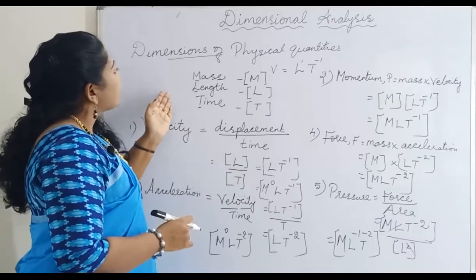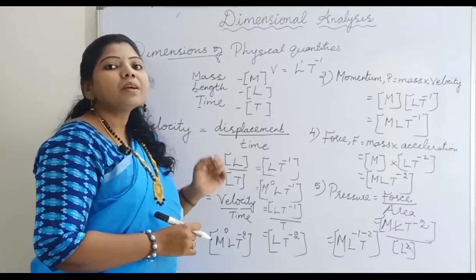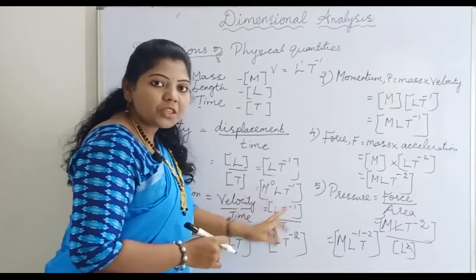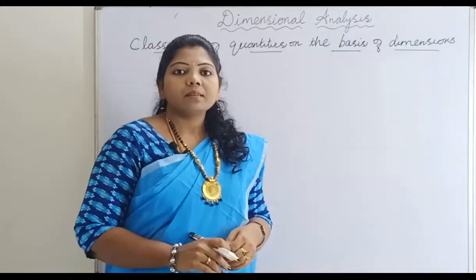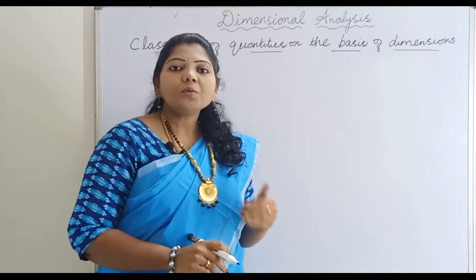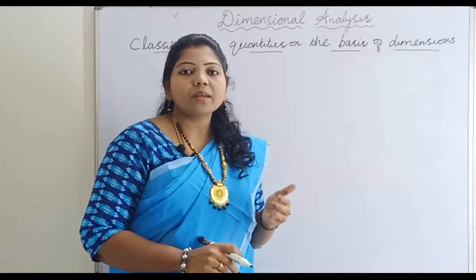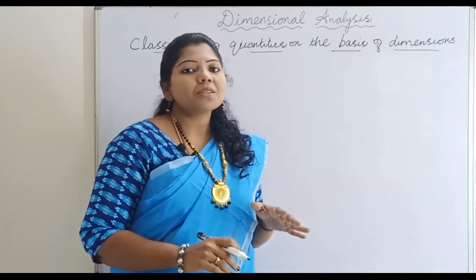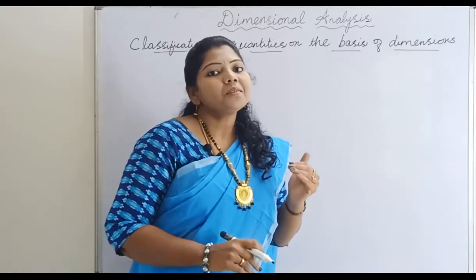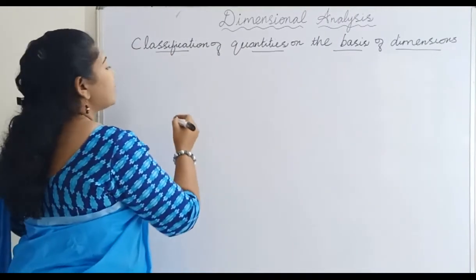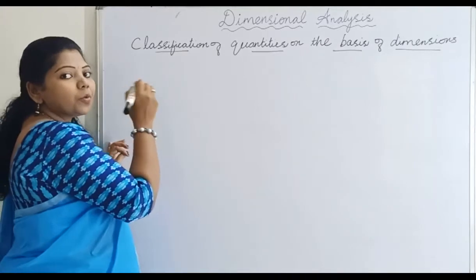So, we have seen about the dimensions of physical quantities and how to derive the dimensional formula. Next we are going to see how to classify the quantities on the basis of dimensions. On the basis of dimensions, how can we classify the physical quantities? We can classify into four types.